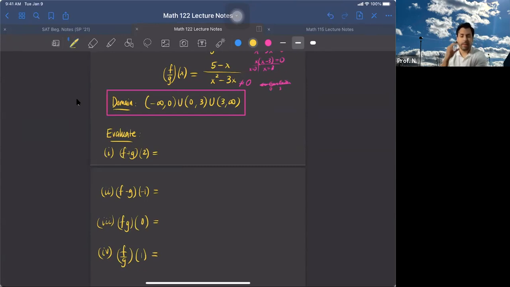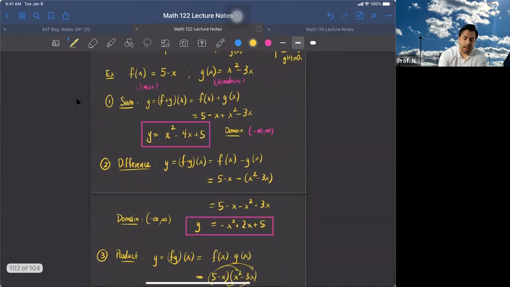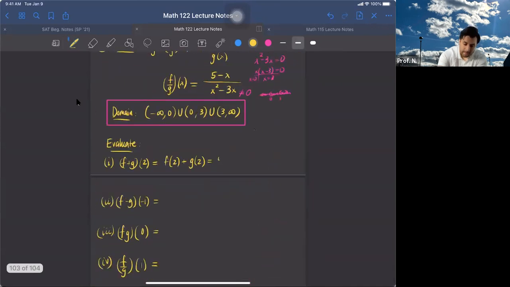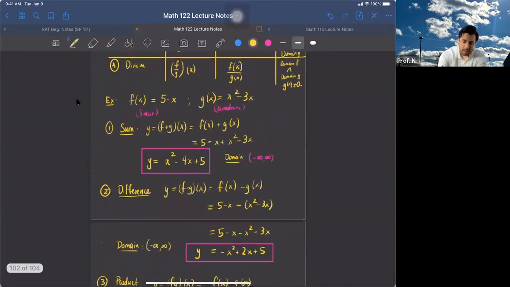f plus g of 2, what does that equal? Well, that equals f of 2 plus g of 2, doesn't it? So what's f of 2? Well, what is f? f is 5 minus x. So this would be 5 minus 2 plus, and then what's g of x? g of x again is x squared minus 3x.